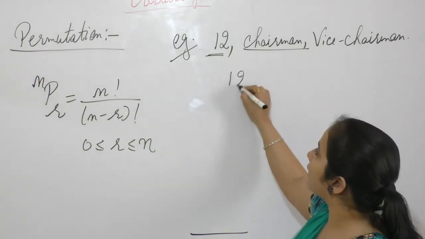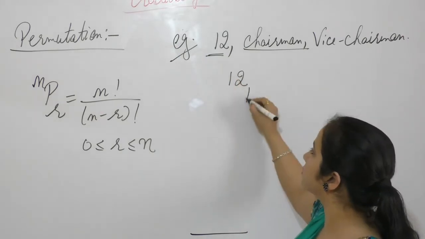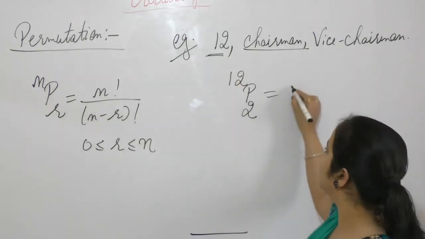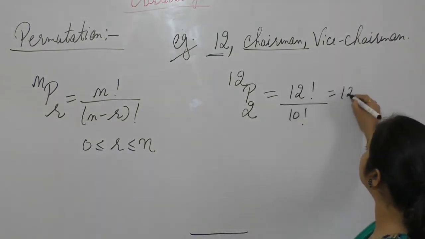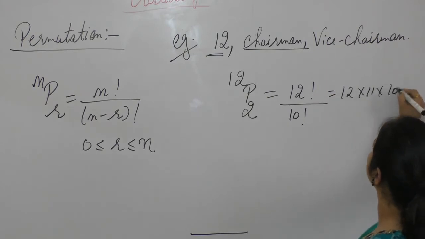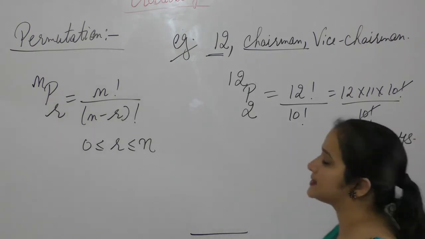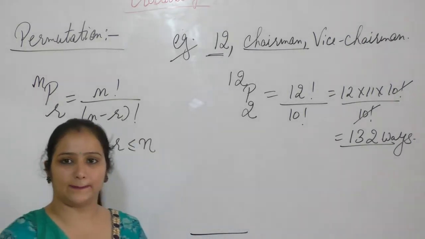So out of 12 persons, you have to select 2 persons for 2 posts. So the permutation is 12P2. So 12 factorial upon 12 minus 2, 10 factorial, 12 into 11 into 10 factorial upon 10 factorial, 132. So there are 132 ways to select persons for 2 posts out of 12 persons.